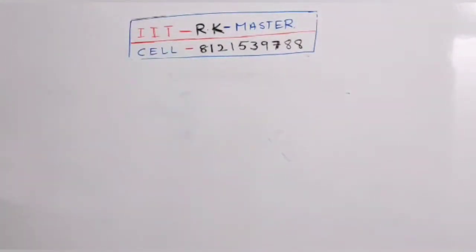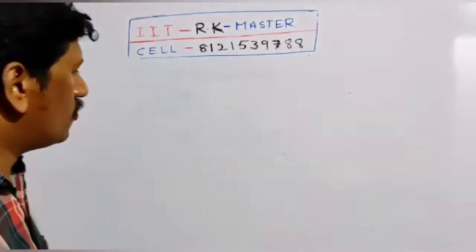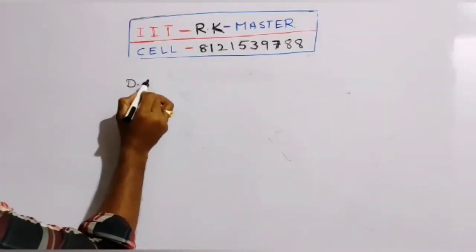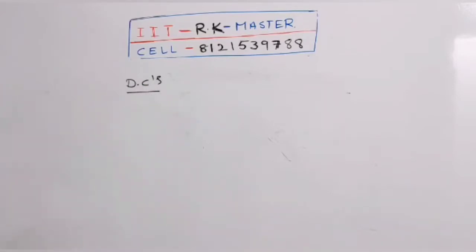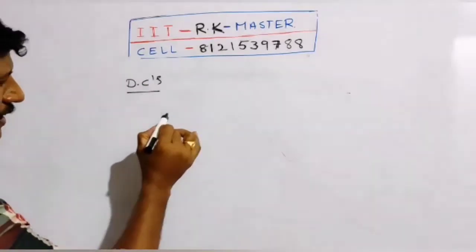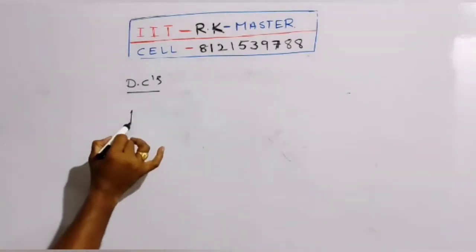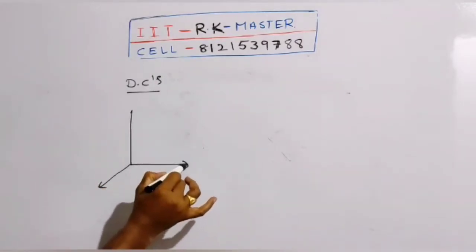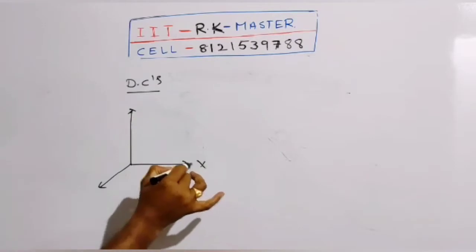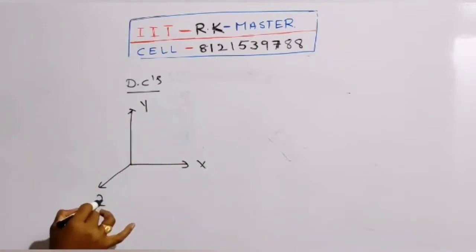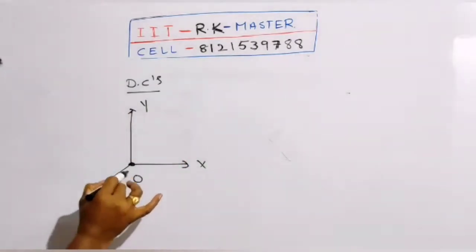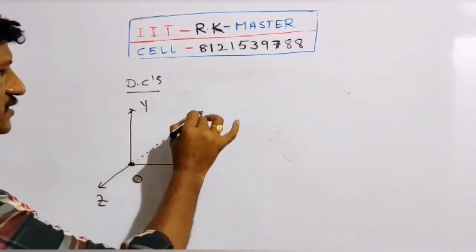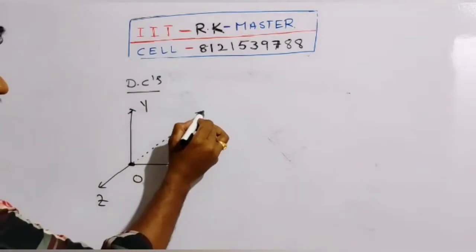What are direction cosines? DCs, direction cosines. Look at that. Here I am taking 3 coordinate axes: X-axis, Y-axis and Z-axis. This is the origin O. And I am taking one line in space.